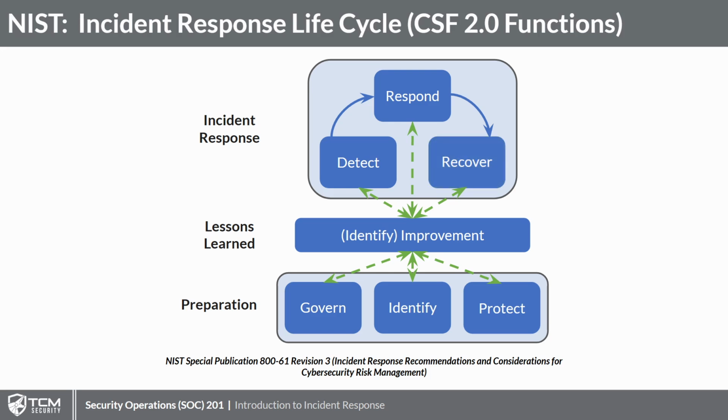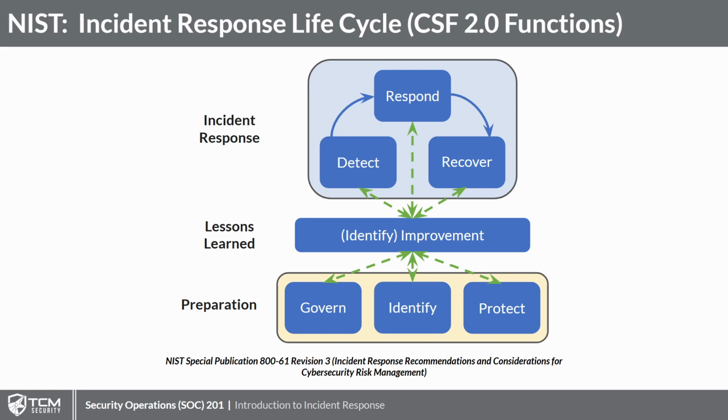And the way that these areas are intended to interact with each other, the model essentially distinguishes between preparation and incident response activities. Right? And so the preparation activities of govern, identify, and protect are more broader cybersecurity risk management efforts that support, but are not part of the direct incident response process. Right?